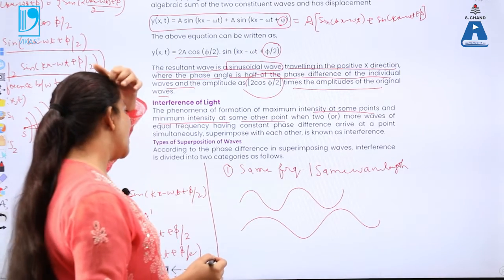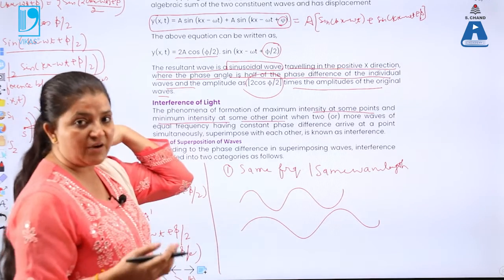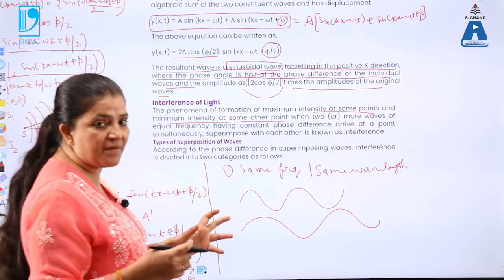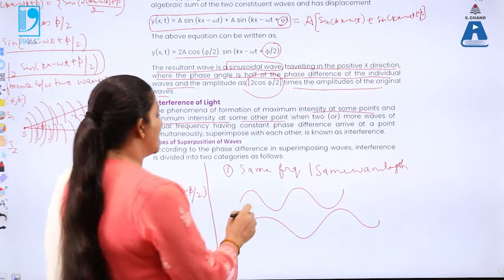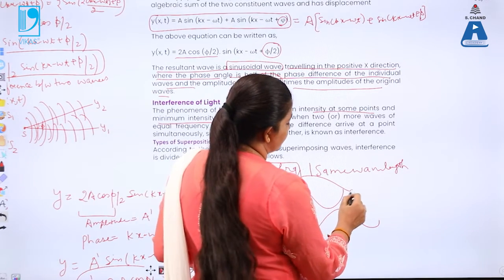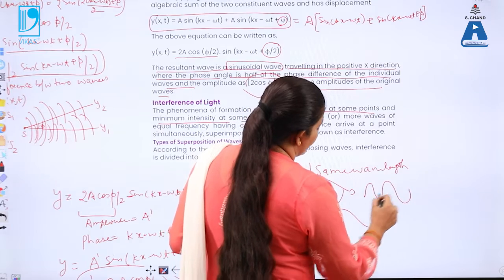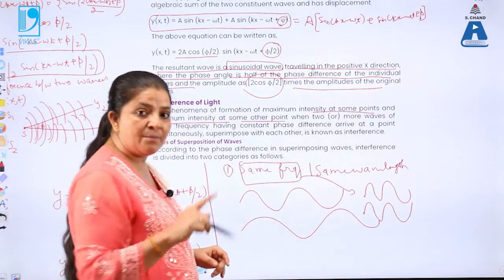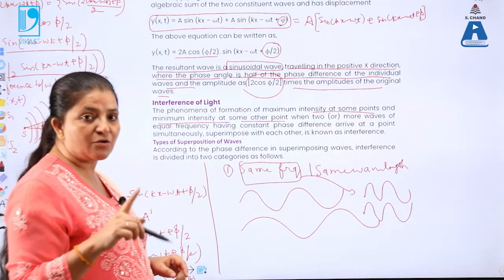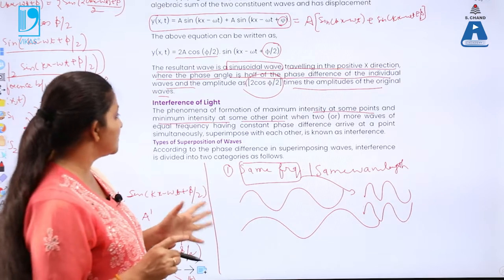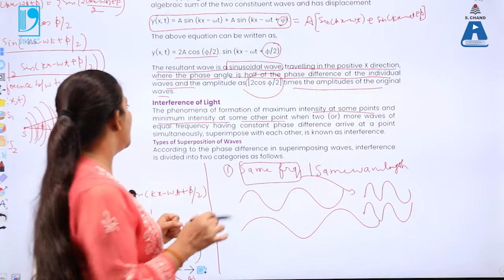So in order to get a resultant of two or more waves, the first condition is that they must have the same frequency. What is the meaning of frequency over here? Frequency means the number of waves crossing per second, and this must be the same.